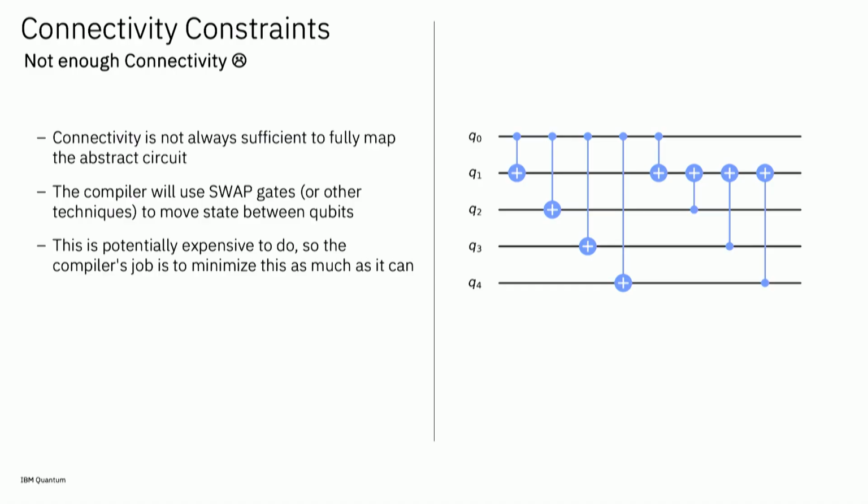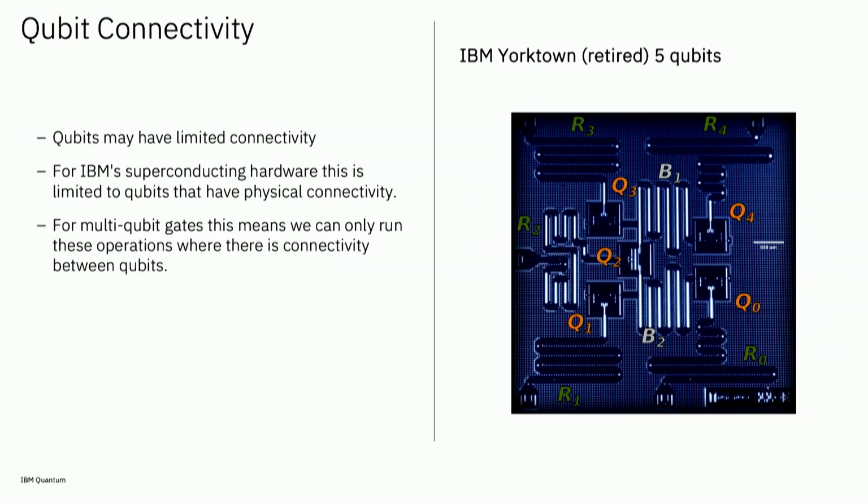And then the next question from that is, okay, well, what happens if your circuit has too much connectivity and your device can't support that? And so here's just, if we think about that 5-qubit example before, that 5-qubit die photo, if you had this circuit, there's no connectivity where there's 2 qubits that are connected to all of the other ones.